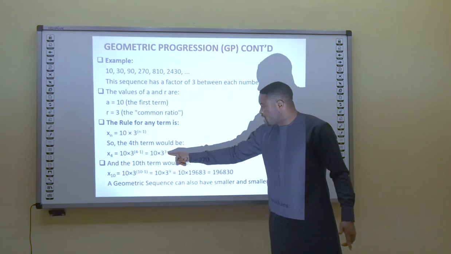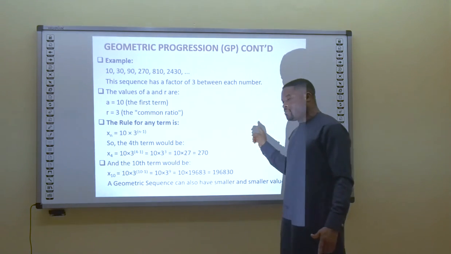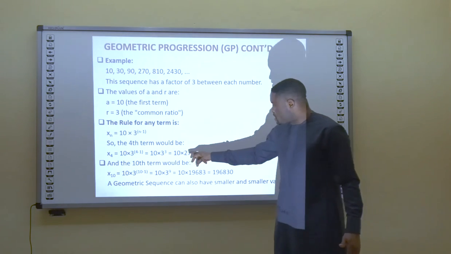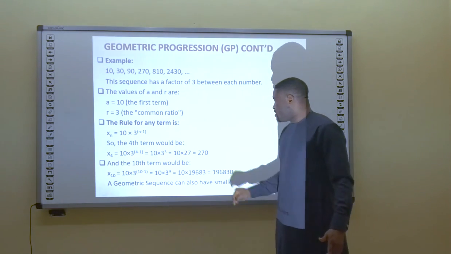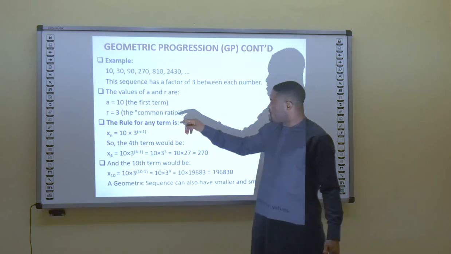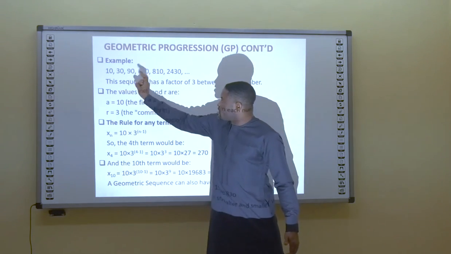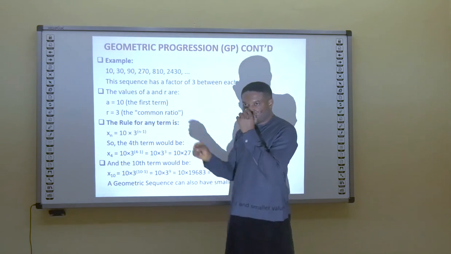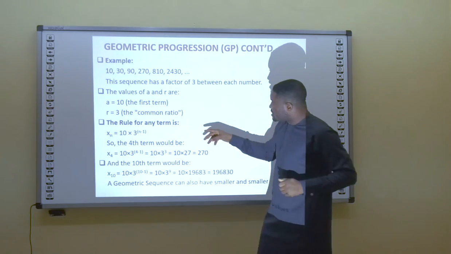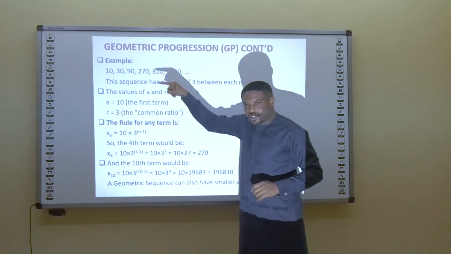This raised to the power 3 means multiplying 3 by itself 3 times, which is 27. Then 27 times 10 gives you 270. So the fourth term in this sequence is 270, and we have been able to prove that.